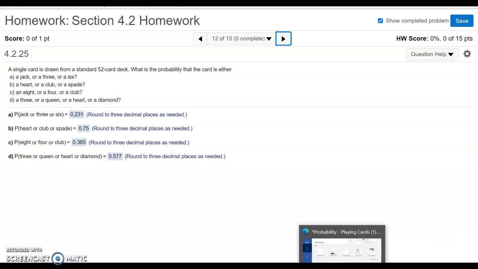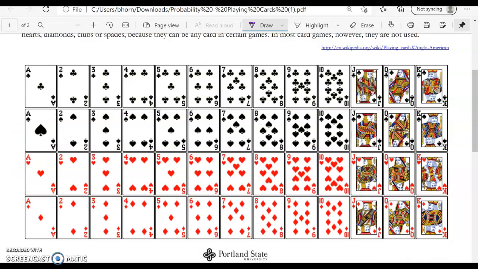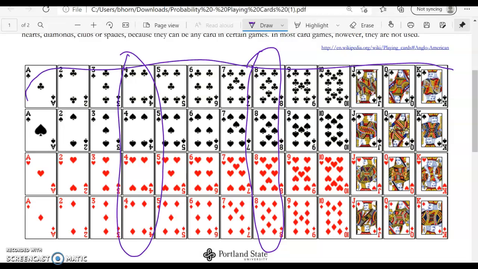All right, the next one is an 8 or a 4 or a club. So let's go back to our sheet here. We want an 8 or a 4 or a club. So we want to be careful here and not count any twice. We would count this whole row here. First of all, we counted this whole row.